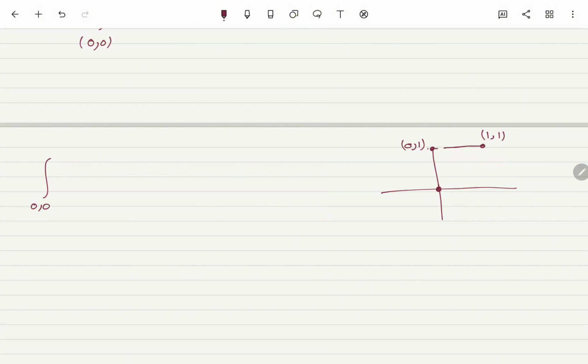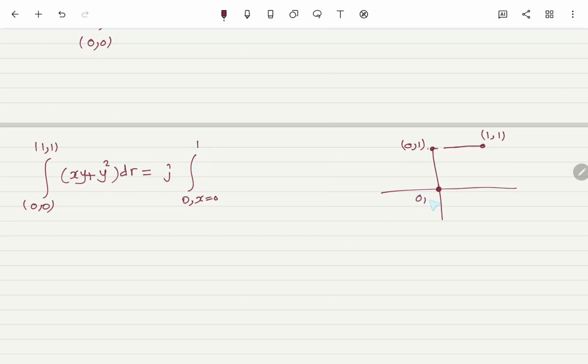So the integration from (0,0) to (1,1) along the other path, of xy plus y squared dr, is equal to, now be careful here, the first part of the integral is along the y-axis, so it's j hat integration from x equal to 0, and x is fixed here, changing only on y from 0 to 1.